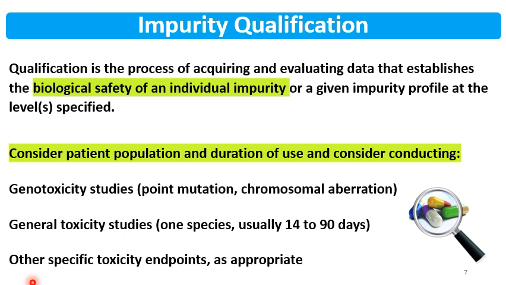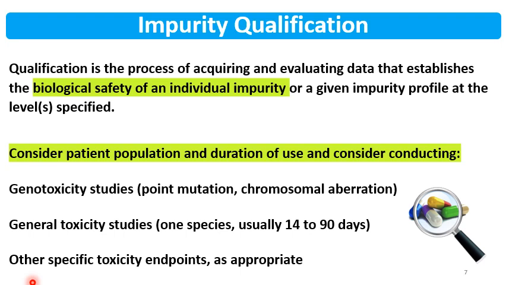Then for the qualification process, the patient population and the duration of use are considered, because the drug product is being administered to the patients, so patient population is very important, and the duration of use. Sometimes the drug product is given for acute treatment, or sometimes it is given for chronic diseases treatment.